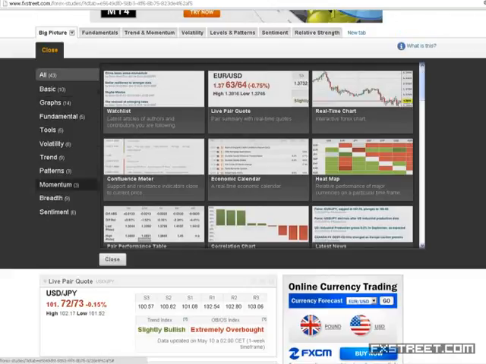The studies, or the tools, are organized in different categories. And today, specifically, we're going to introduce you to some sentiment tools, which are the CoT based studies, or studies based on the CoT data.